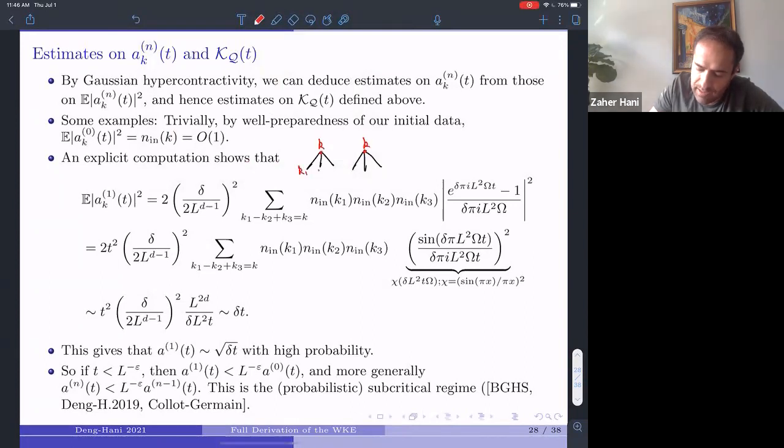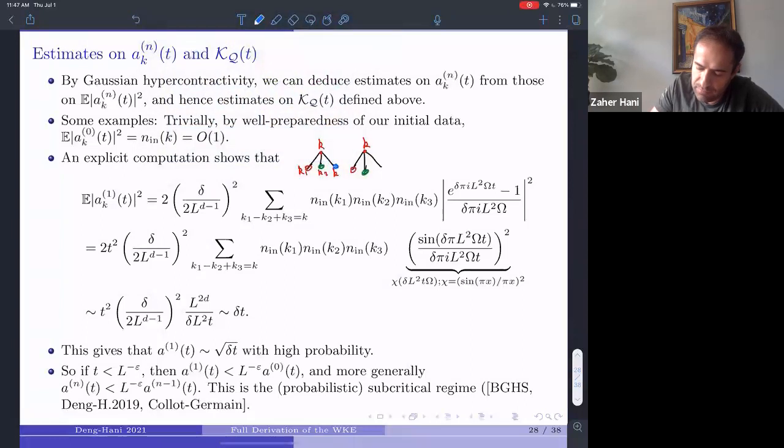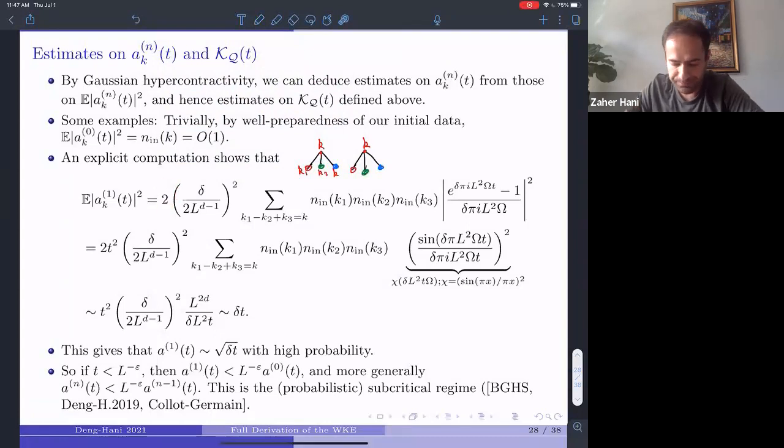This is k1, k2, and k3. And again, you have the pairing, right? This is paired with this. This will have to be paired with this, for example, and this will have to be paired with this. There are 2 such choices of pairings, which is why you see a factor of 2 here.